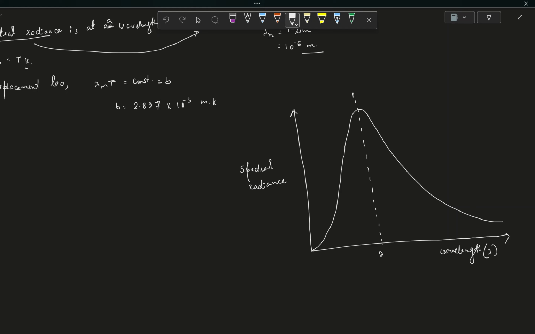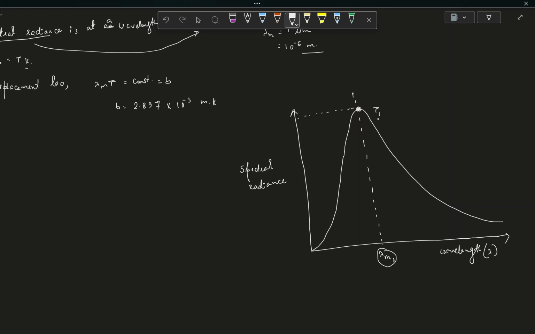This is at, let's say, lambda m1, and this is at temperature T1. You can see that this is the maximum of the spectral radiance, the peak of this curve, and this maximum occurs at a wavelength value of lambda m1 in this case. This is the wavelength at which spectral radiance is maximum, that is why we identify it as lambda m1. But this is for the temperature of T1.